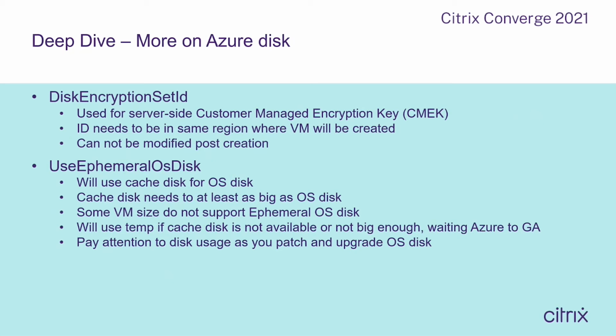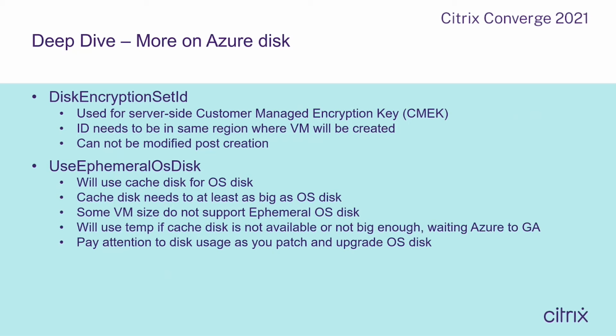Next one is on the encryption and ephemeral OS disk. So this encryption set ID is used for server-side customer managed encryption key, generally called CMEK. The ID needs to be in the same region where you want to create your VM, and please note that it cannot be modified.